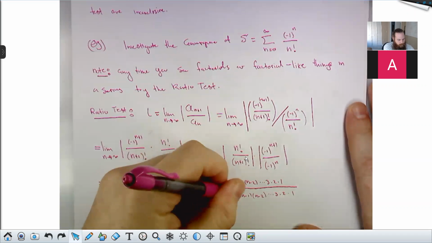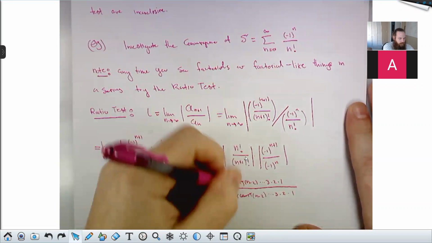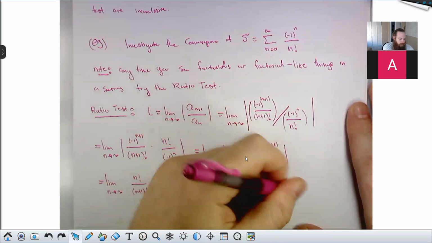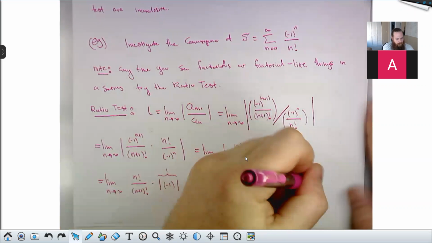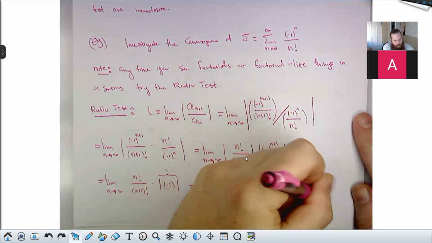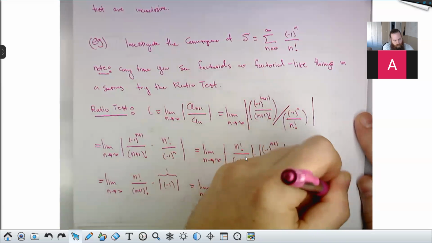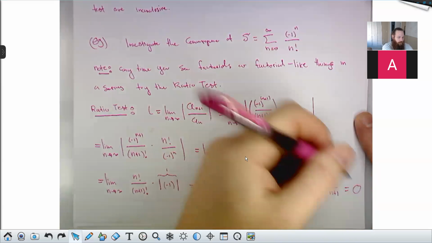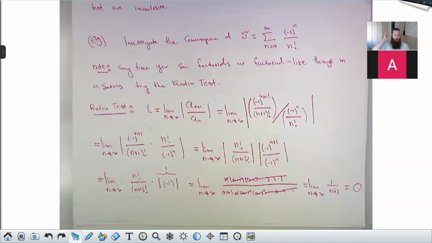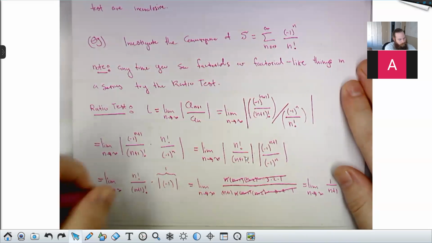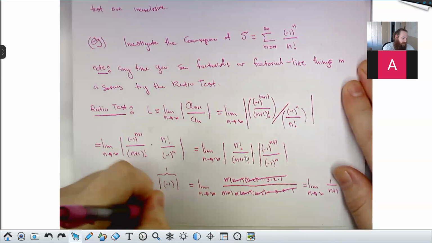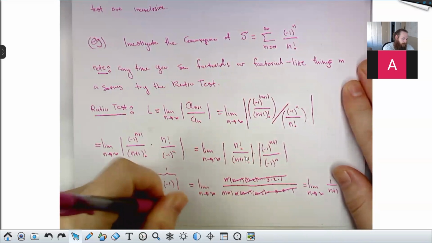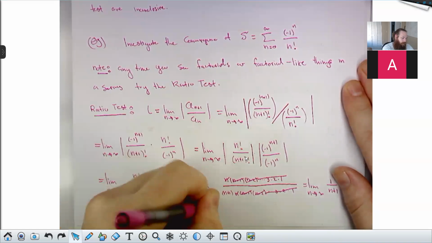The n's cancel, the (n-1)'s cancel, the (n-2)'s cancel, everything cancels except for the (n+1) downstairs. So you get the limit as n goes to infinity of 1 over (n+1), which is 0. Therefore, the series S not only converges, but converges absolutely by the ratio test.